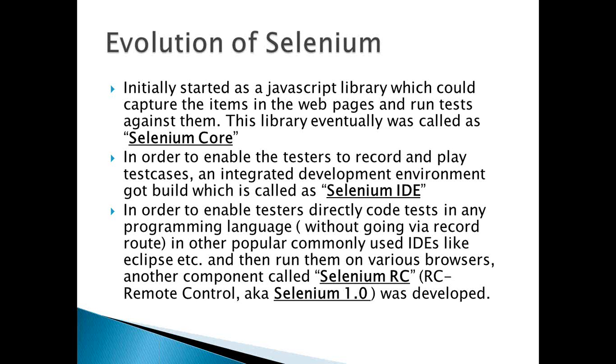And in order to enable testers to directly code tests in any programming language without going via the record route, in the sense that if somebody doesn't want to use that IDE but wants to write code, let's say using Java or C#, and also run them in the IDEs that they are accustomed to, or which are most popularly used, like Eclipse, etc., and then run them on various browsers, so that is Chrome, Internet Explorer.